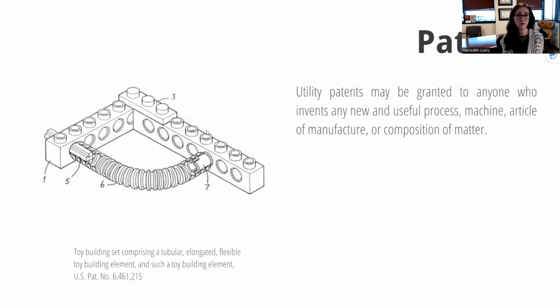Secrets last forever, as long as they're secret. Patents last 20 years, at least utility patents do, which would be the way of protecting a recipe. So we want to consider those things. But if you've got a recipe and you're thinking, I need to make this a trade secret, you should probably still talk to an attorney on how exactly to go about those trade secret obligations, and what the hurdles are.